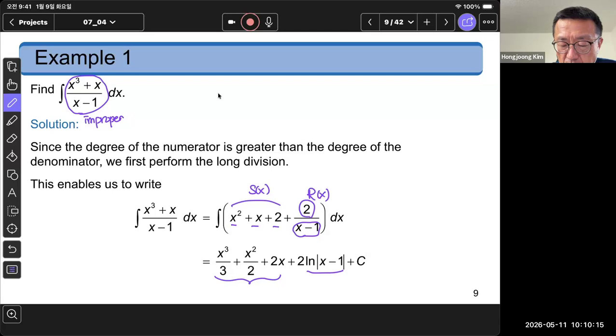So if you see this improper rational function, what you need to do is convert this into the sum of a polynomial and proper rational function. Okay? And how? You need to perform the long division as I did.